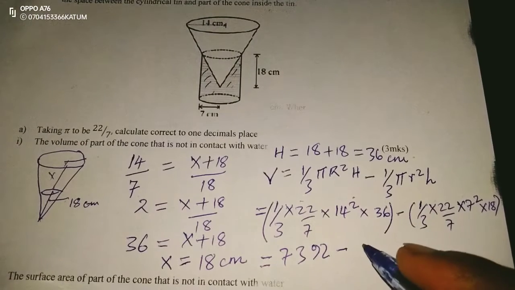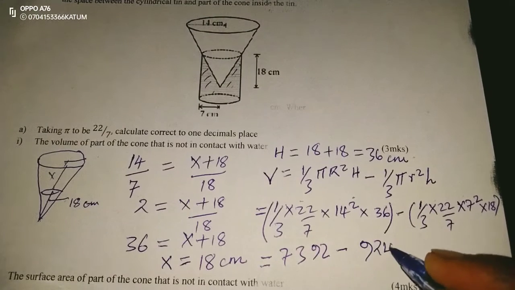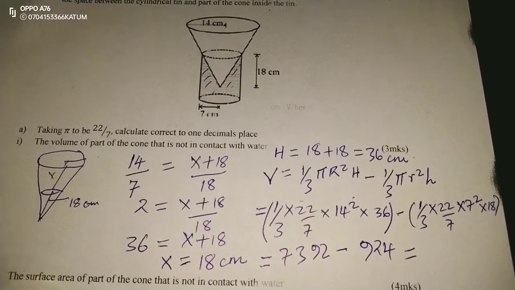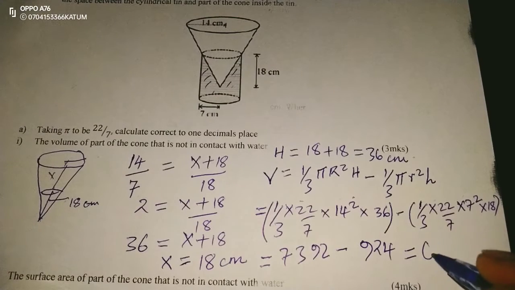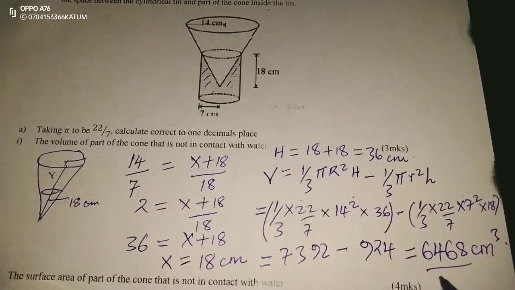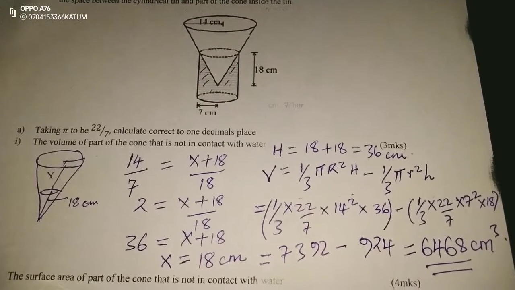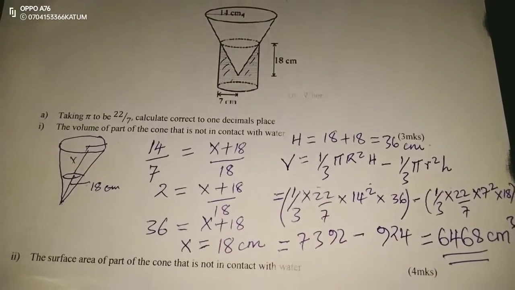This becomes 924. So when we carry out the subtraction, 7392 minus this value, we will get 6468 cubic centimeters. So this is now the volume of the conical part that is not in contact with the water.